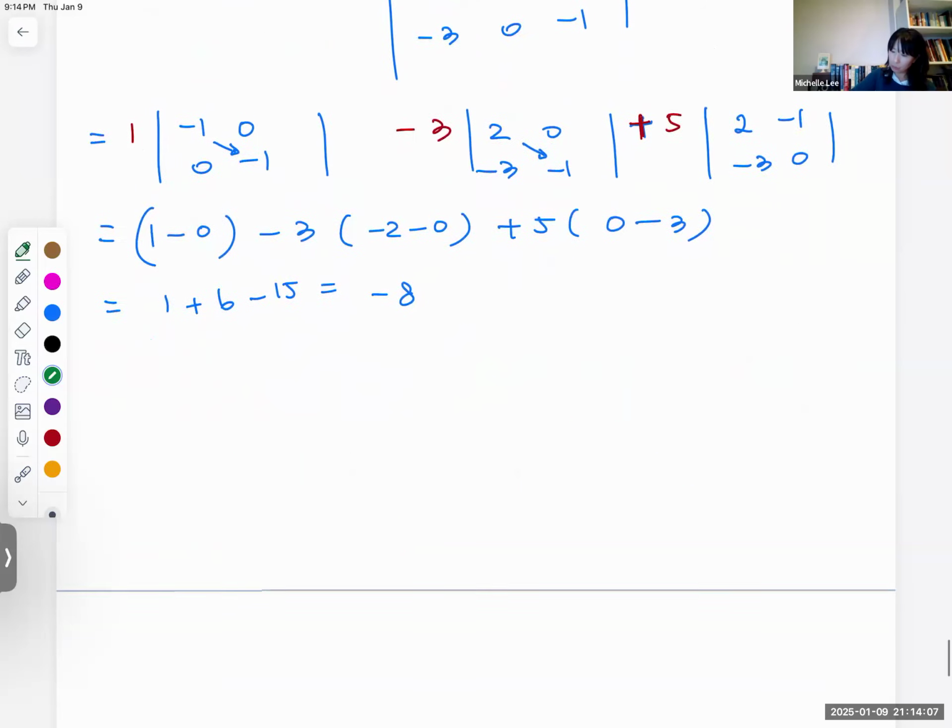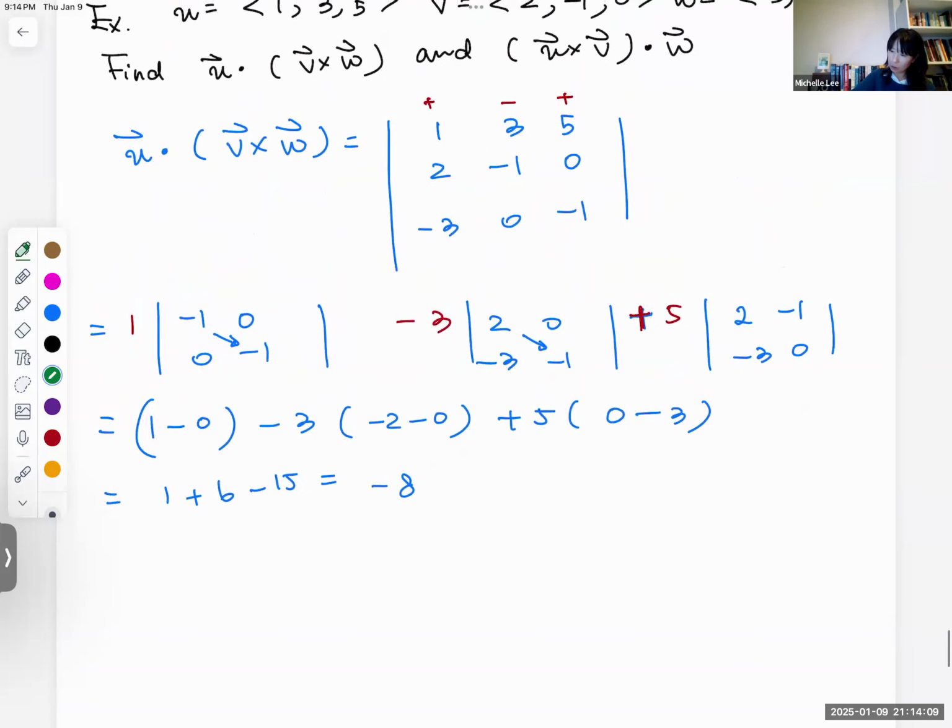Okay, let's do the other one. I want to do U cross V, dot product with W. We can express this like I, J, K. We call this a triple scalar product, because there is a cross product and a dot product.